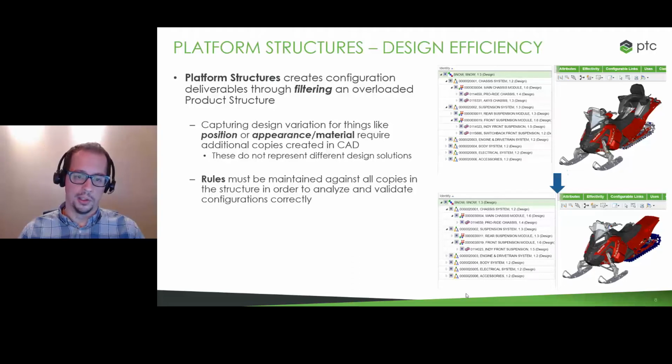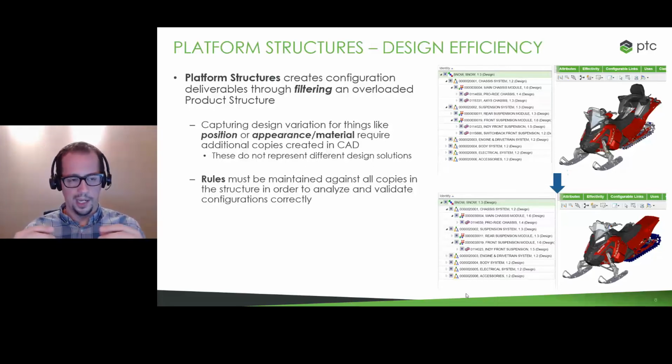If I need to position something in position A or B, it has to occur twice inside the product structure. Same thing with material or appearance. So if I have to have a blue, a red, or a green variant, I have to have a copy that is blue, that is red, or that is green.